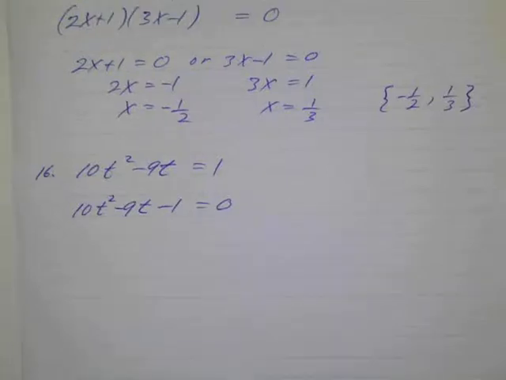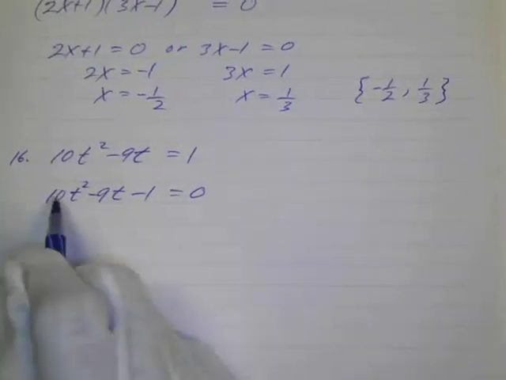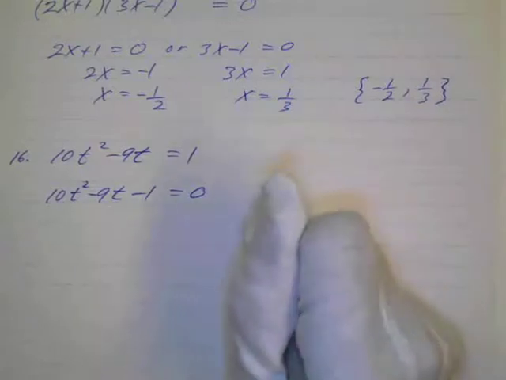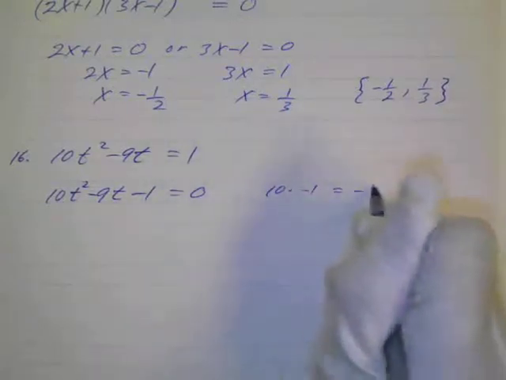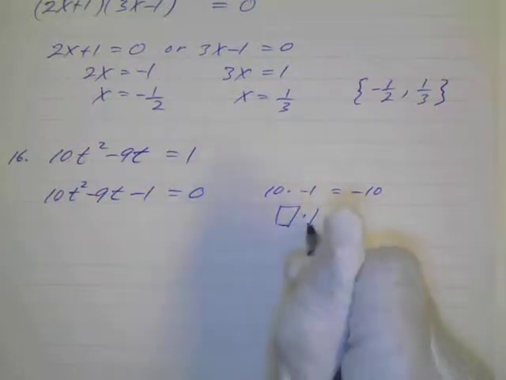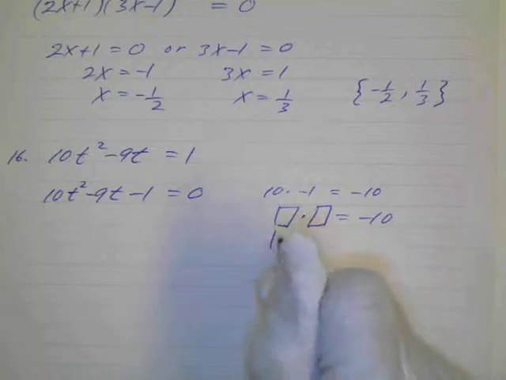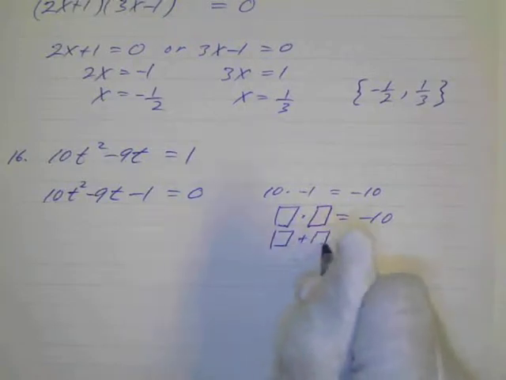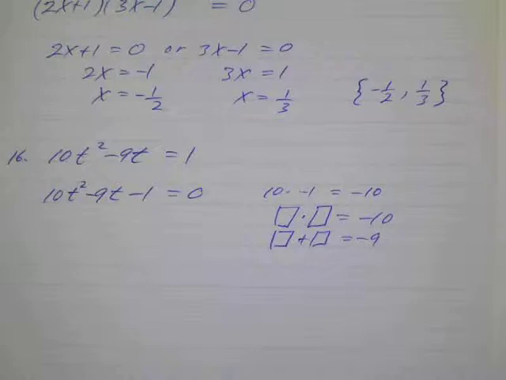So we'll just do the little tricky method I showed you. So 10 times negative 1 is negative 10. So I need two numbers that multiply to give negative 10, but they have to add up to be negative 9. Well, again, if they multiply to give a negative, the signs must be different.